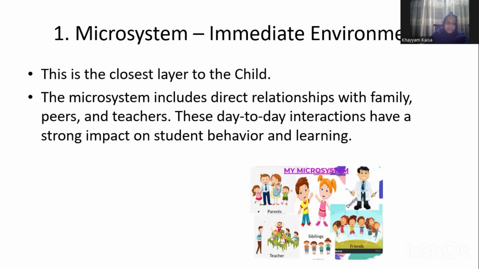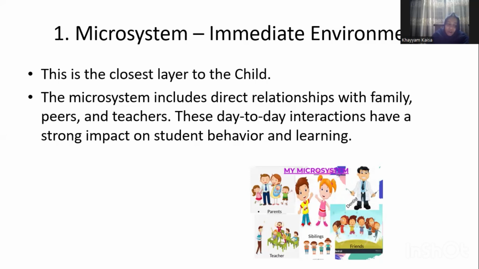The microsystem is the immediate environment where the student has direct interaction in the classroom. This includes the student's relationship with teachers and peers, as I said. Good classroom management at this level means creating a positive, respectful, and structured environment where students feel safe and motivated.